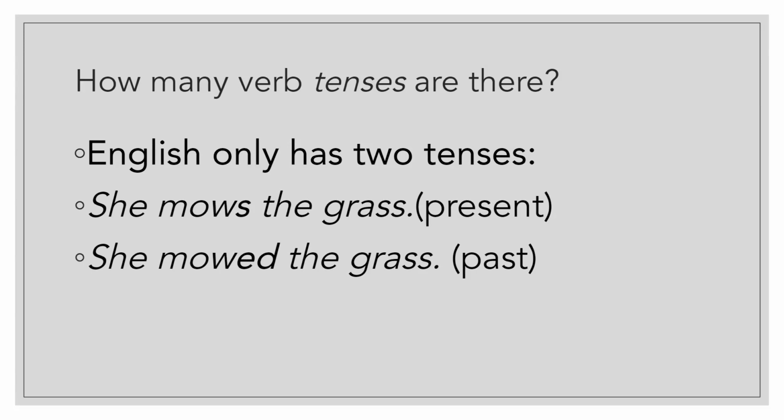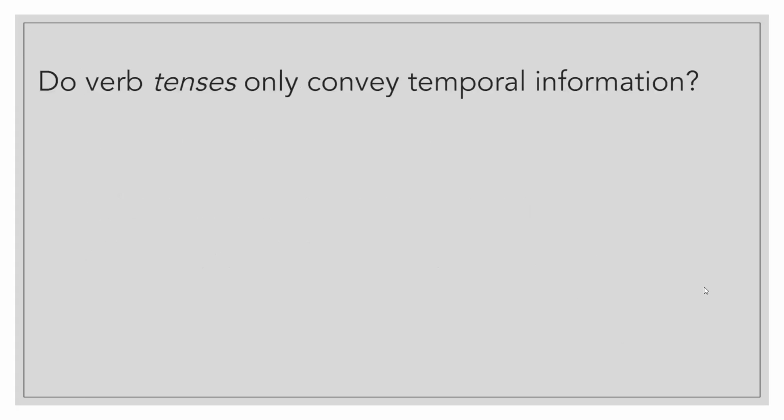I can add a modal. I can say she will mow, she may mow, she might mow. I can add a phrasal modal like she is going to mow. But notice the word mow itself, I can't add anything or change it to make it future. The S makes it present, the ED makes it past. And there's only 2 tenses then.